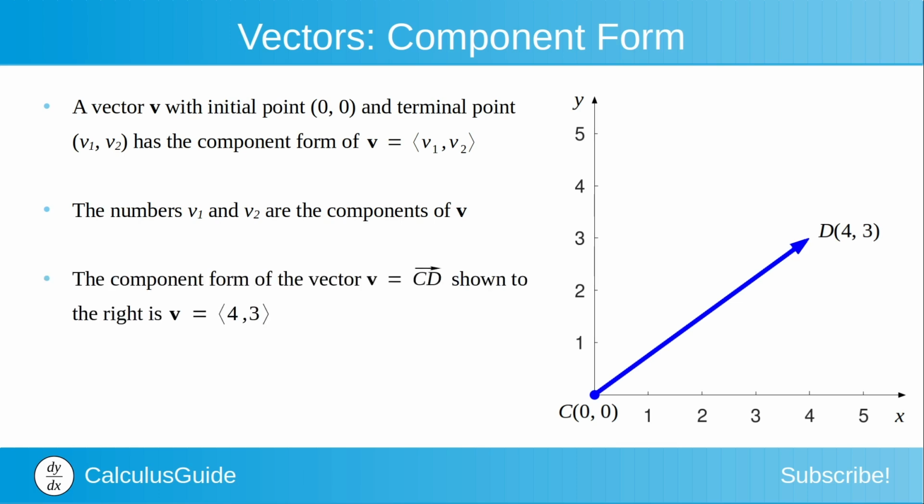The component form of the vector v equals CD, shown to the right, is v is equal to left angle bracket 4, comma, 3, right angle bracket. The components of this vector v shown to the right are 4 and 3. And to clarify, we can refer to these pointed brackets as angle brackets.